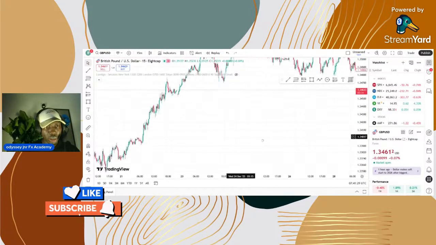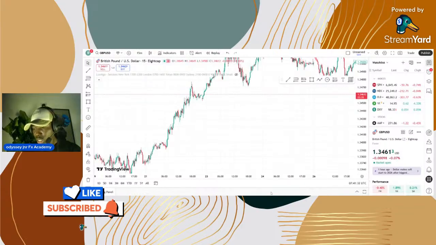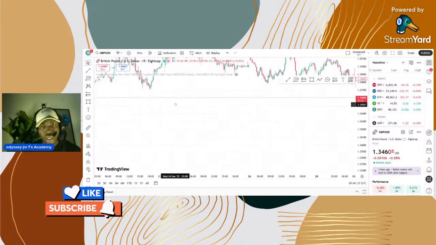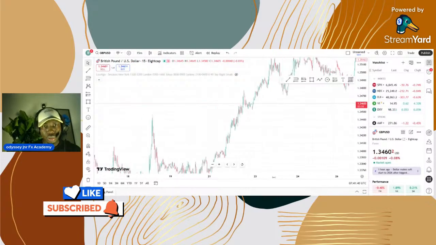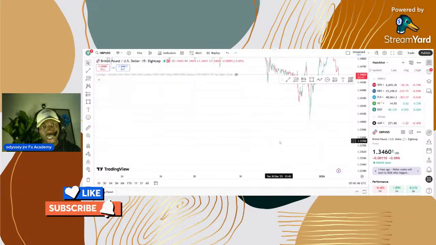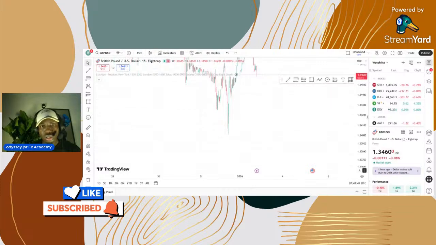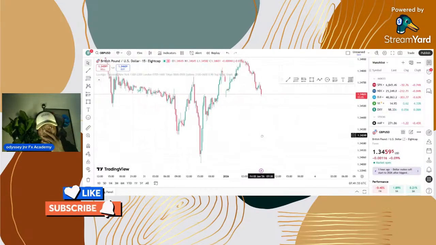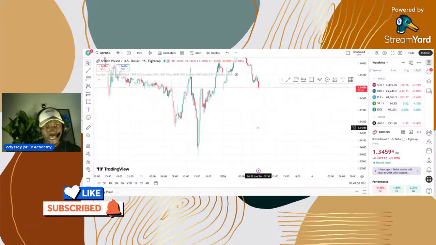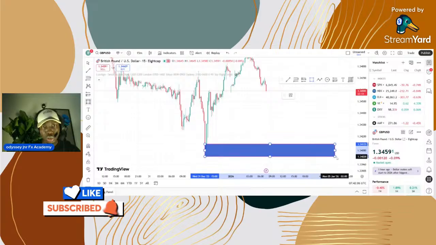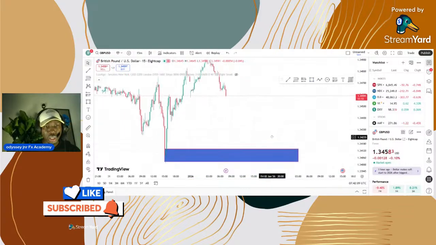If we're waiting for this order block, it might take a long period of time for us to get this. Remember, we are bullish. I think this order block is okay for the 15 minutes.